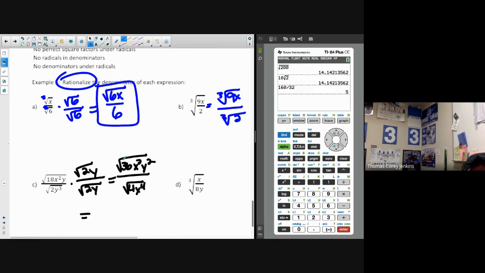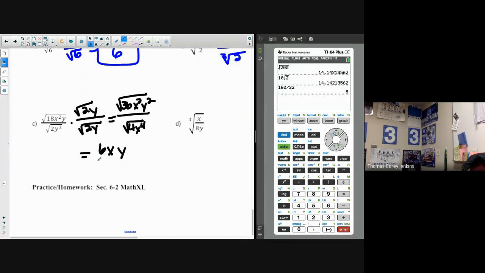All right, so this up top appears to be a perfect square. So the square root of 36 is 6. The square root of x squared is x. The square root of y squared is y. That's my numerator, and then my denominator is, let's see, the square root of 4y to the 4th, so that'd be 2y squared.